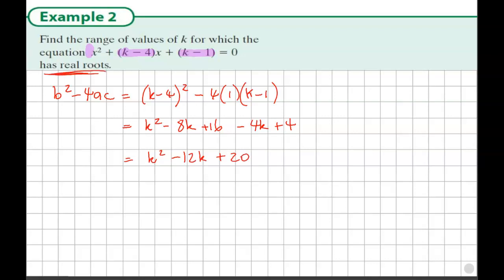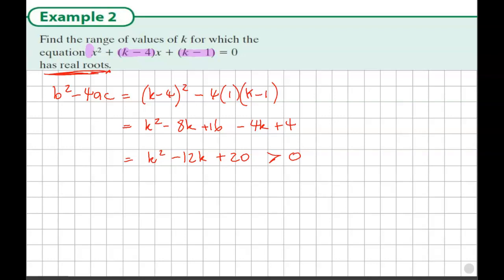So if there are to be real roots, and real roots is plural, if it was a single repeated root, then this would have to be equal to 0. Now, if you want more than one distinct real root, then this discriminant has to be greater than 0.